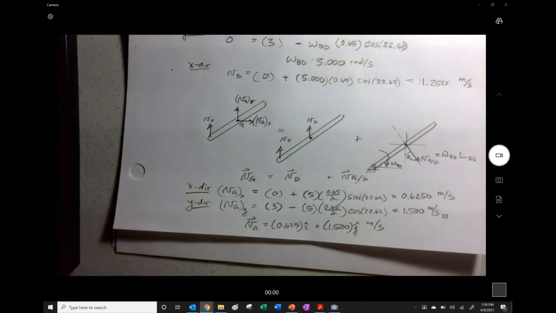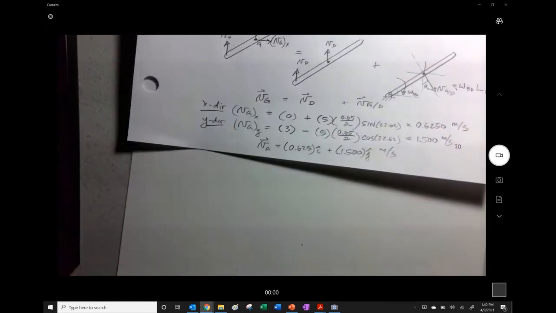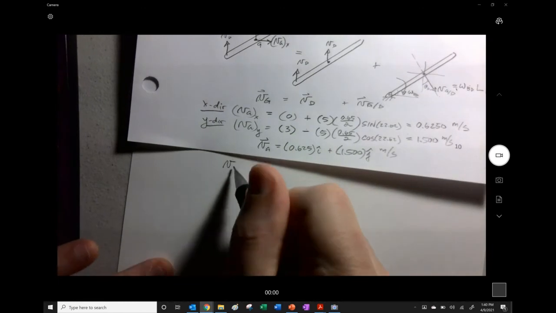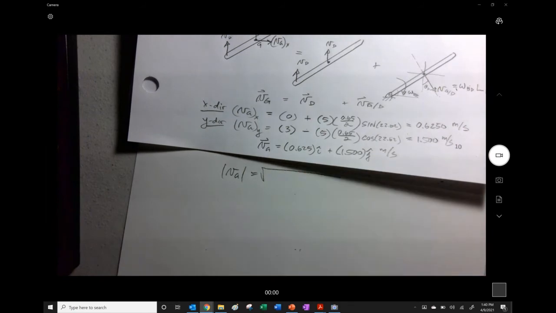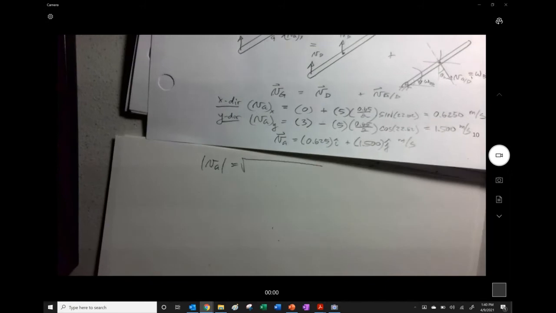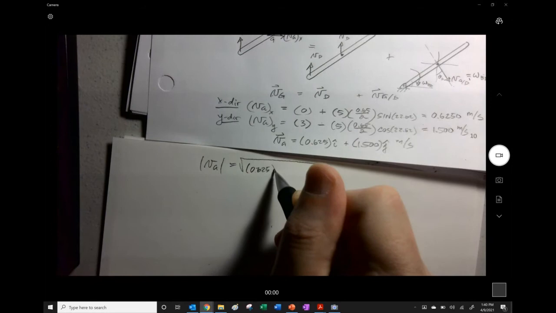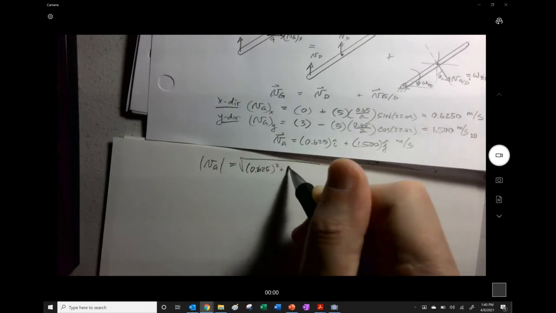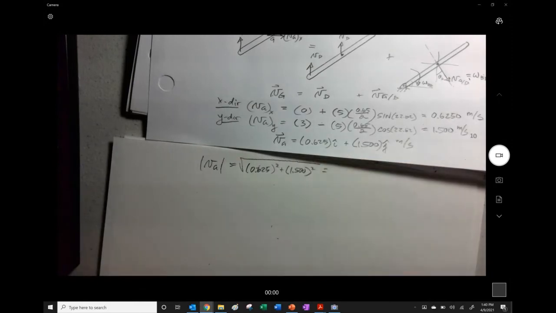Quite often we'll get magnitude and direction, right? So I just want to remind you that you should do the full magnitude and direction when given directions to do it. Make sure that we're putting those in there. So we see that the velocity of g is going to be the square root of 0.625 squared and 1.5 squared.